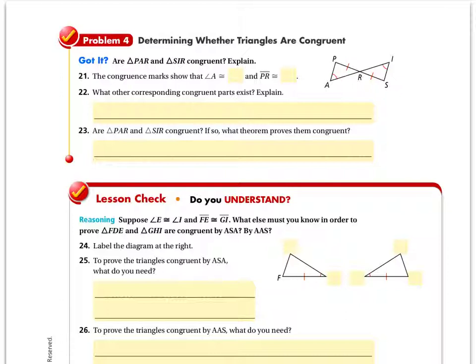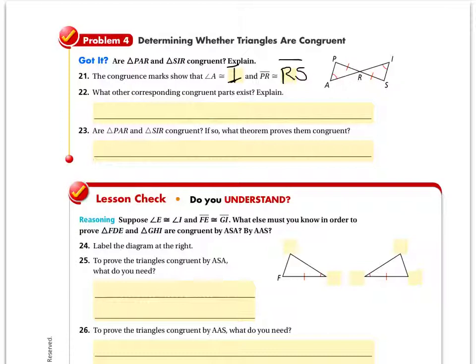We know first off that we have congruent marks here on angle A and here on angle I. So that tells us that angle A is congruent to angle I. And our second set of congruent marks tells us that segment PR is congruent to segment RS. What other corresponding parts exist? And let's answer this on number 22.